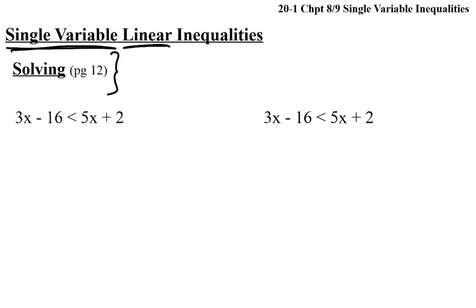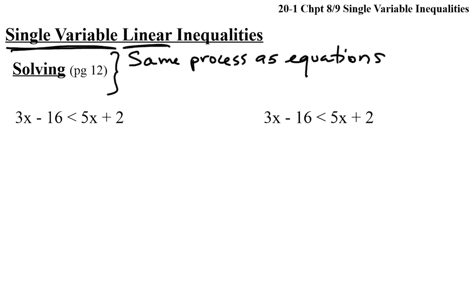When we're solving an inequality, what's nice? It's the exact same process as equations. We essentially are going to do all the same steps. We would multiply to get rid of brackets, combine like terms, move your variables to one side, isolate the variable.